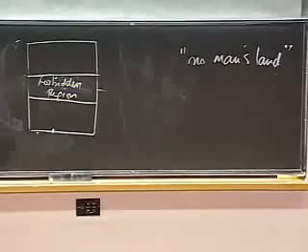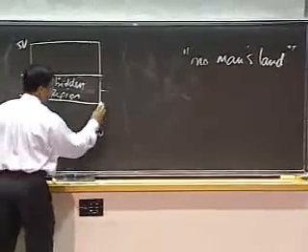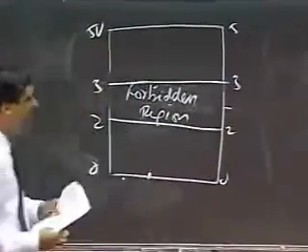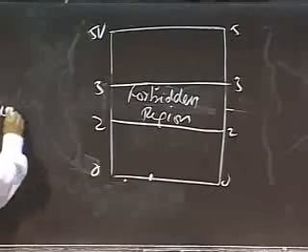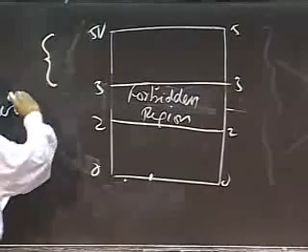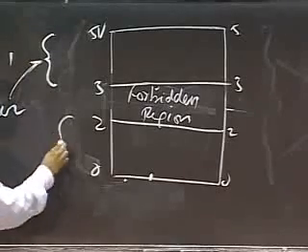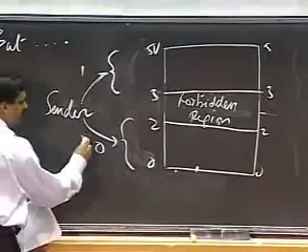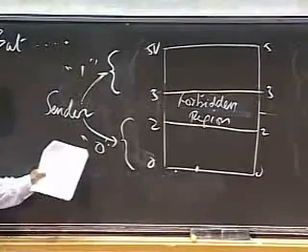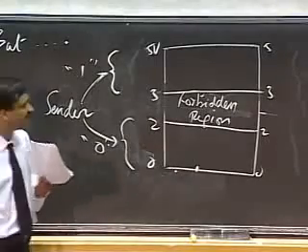Let's say I define it as 0, 2, 3, and 5 volts. With my forbidden region, if I have a sender, then I tell the sender, you can send any value between 3 and 5 for a 1, and you can send any value between 2 and 0 for a 0. To send the symbol 0, I can send any voltage between 0 and 2, and similarly for 1.